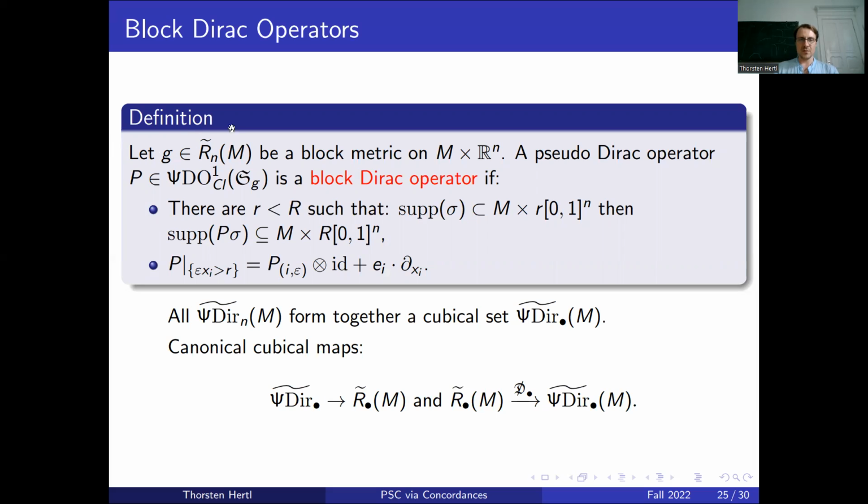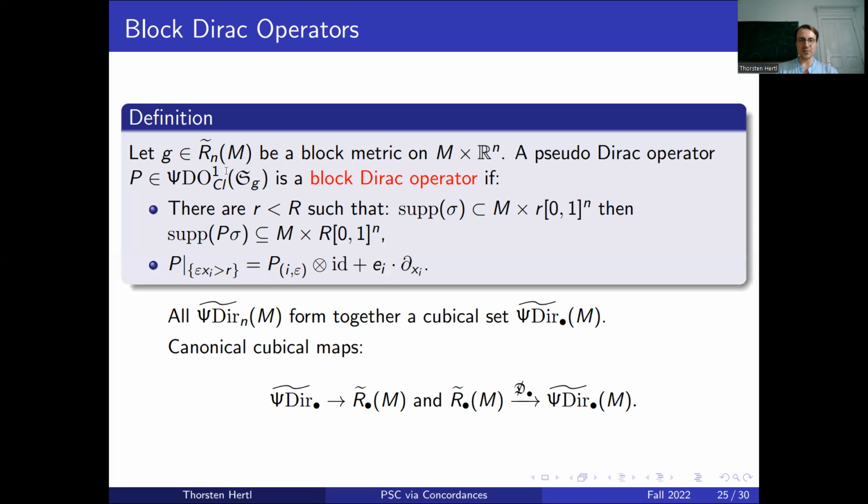If we have given a Riemannian block metric on M times R^n, we call a Clifford-linear pseudo-Dirac operator on the spinor bundle constructed by this block metric a block Dirac operator if it is sufficiently local.